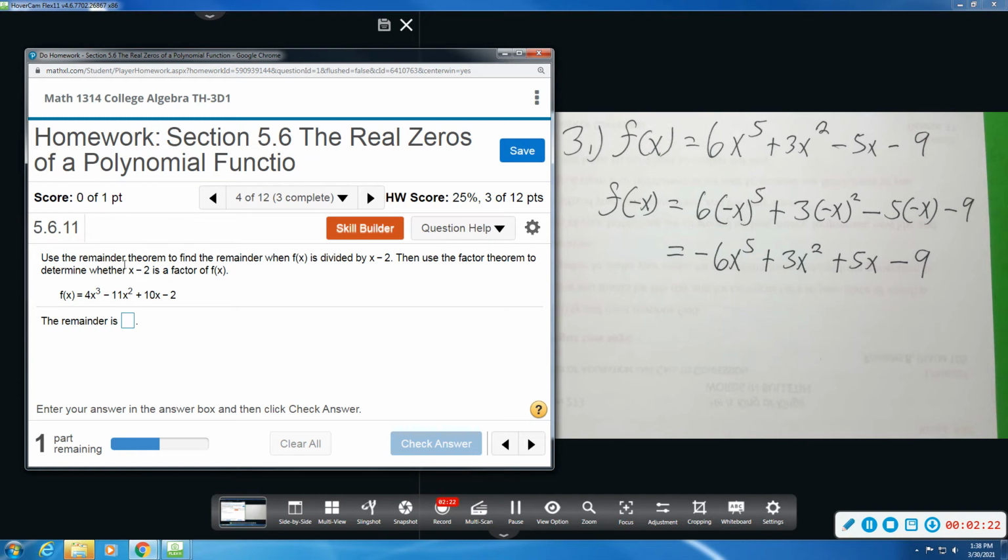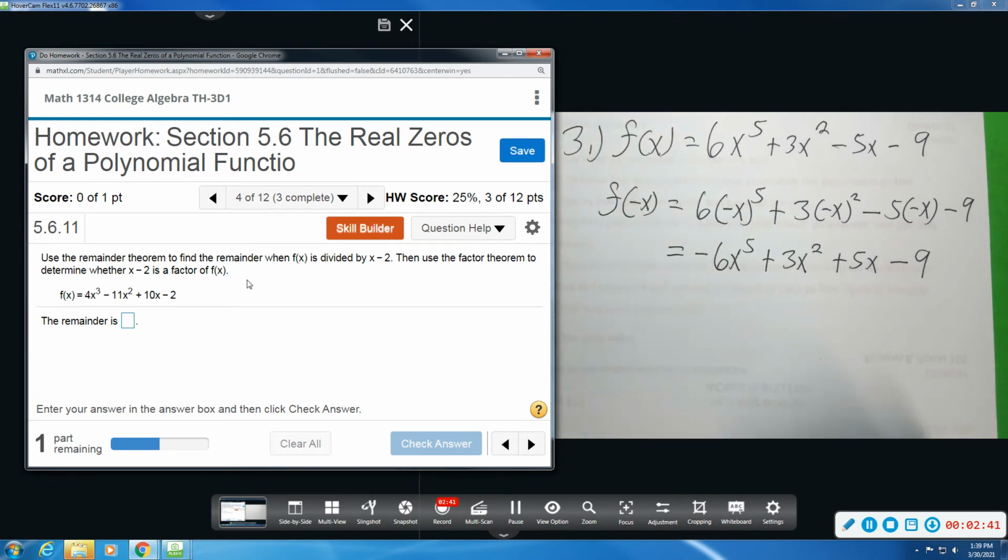Okay, so number 4, we're going to use the remainder theorem to find the remainder when f of x is divided by x minus 2. And it says then use the factor theorem to determine whether x minus 2 is a factor.